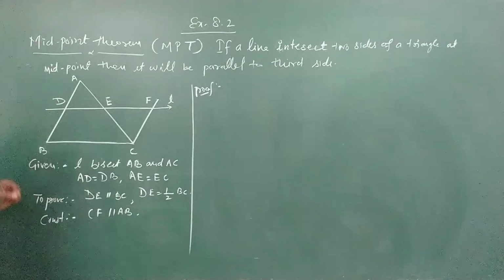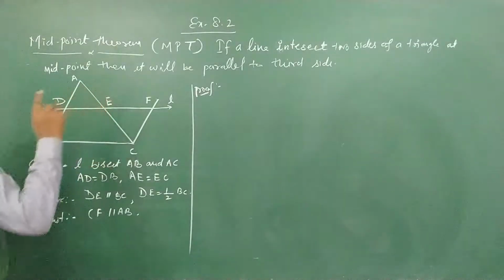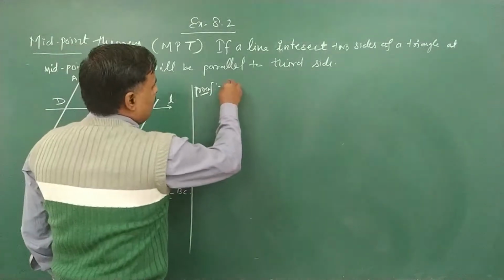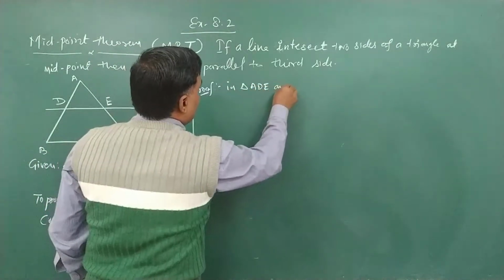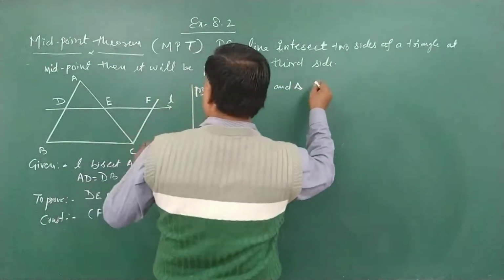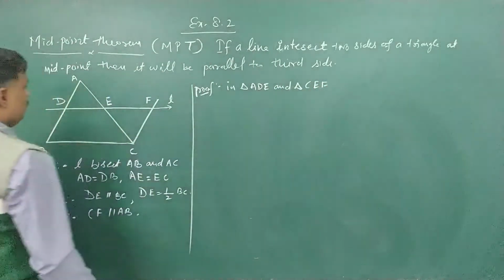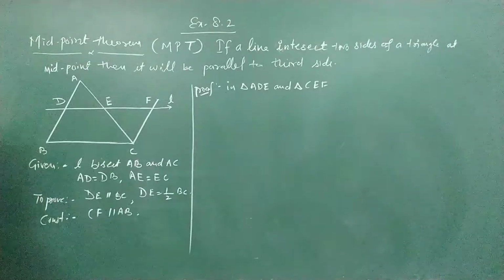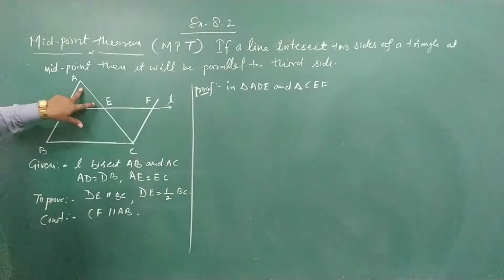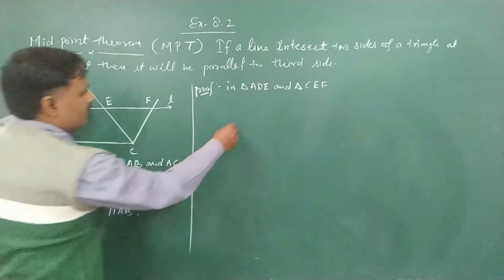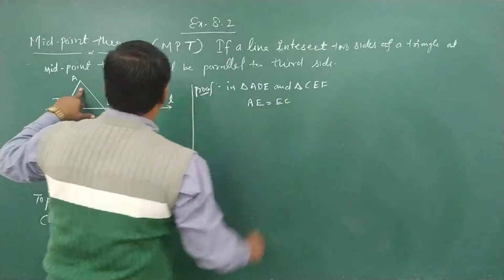So I'm taking two triangles, triangle ADE and triangle CEF. Which parts are equal? E is the midpoint of AC, it's already given, AE is equal to EC, so I'm writing here AE is equal to EC.